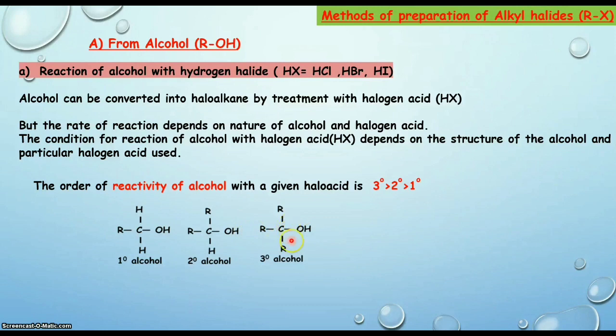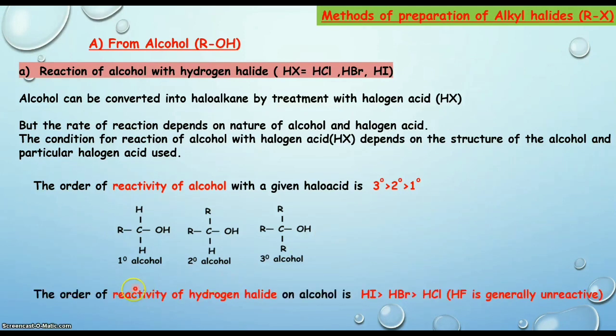As a result, the cleavage or breaking of the C-O bond becomes easy, and that increases the reactivity of tertiary alcohol. So, tertiary alcohol is more reactive than secondary, and secondary alcohol is more reactive than primary alcohol.